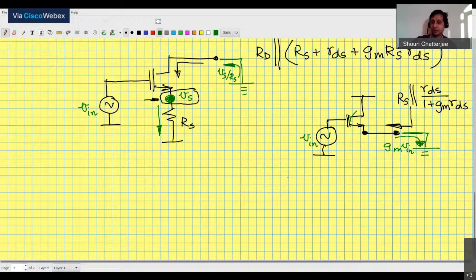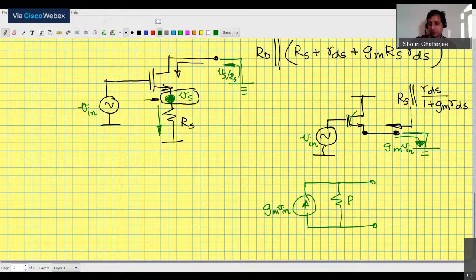So I have found out the model for this circuit. This is now the model for this sub problem.